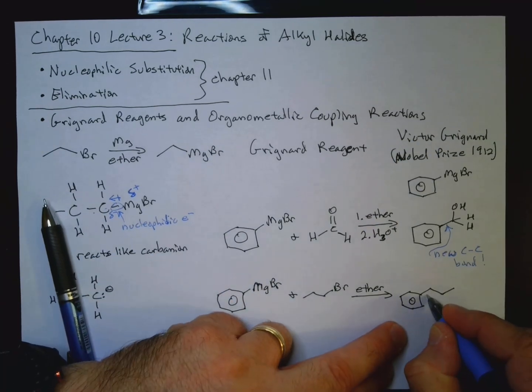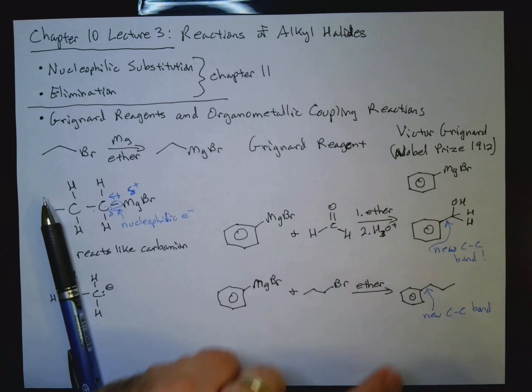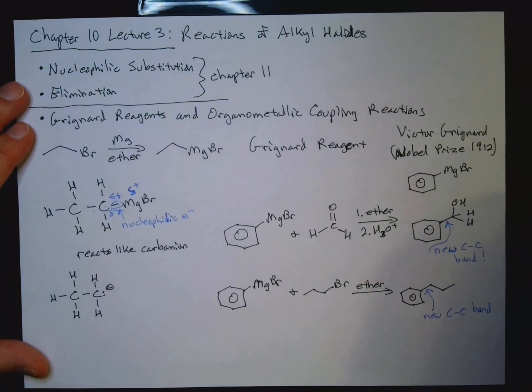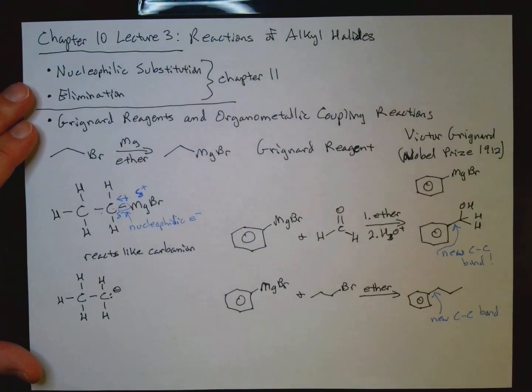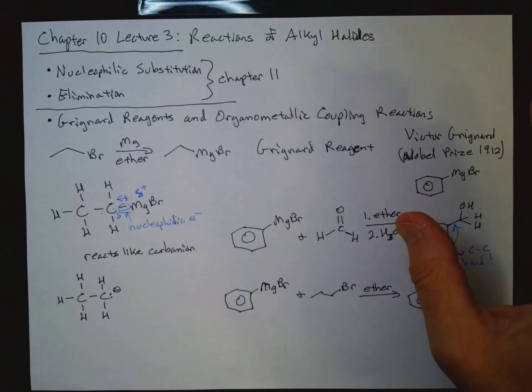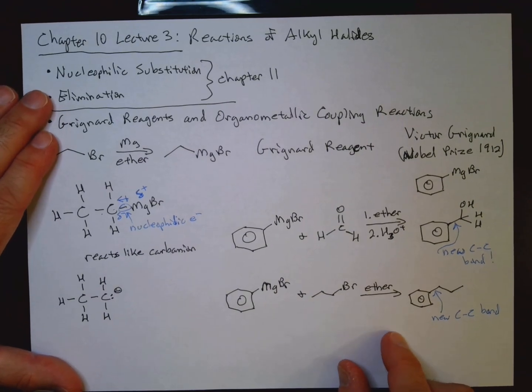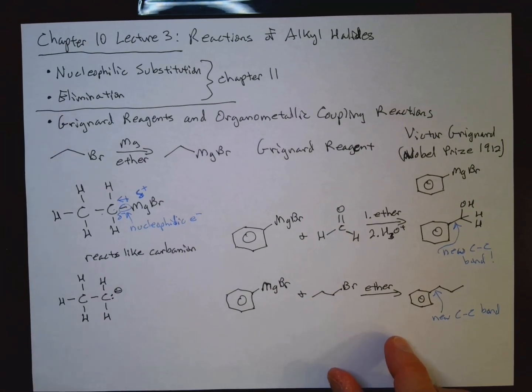So here's my new CC bond here. And we saw acetylide ions working as nucleophiles. And this can do the same thing, only they're a lot more reactive. So let me just show you the mechanism here, and then I'll just mention some other types of organometallic coupling reactions.